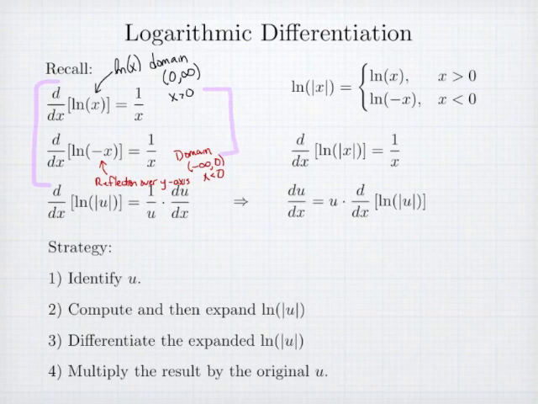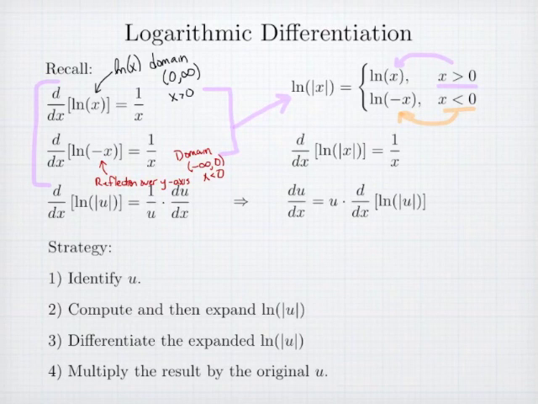Putting these two together, we can use the logarithm of the absolute value of x. Because when x is greater than 0, the absolute value of x is replaced with x, but when x is less than 0, we replace the absolute value with negative x.